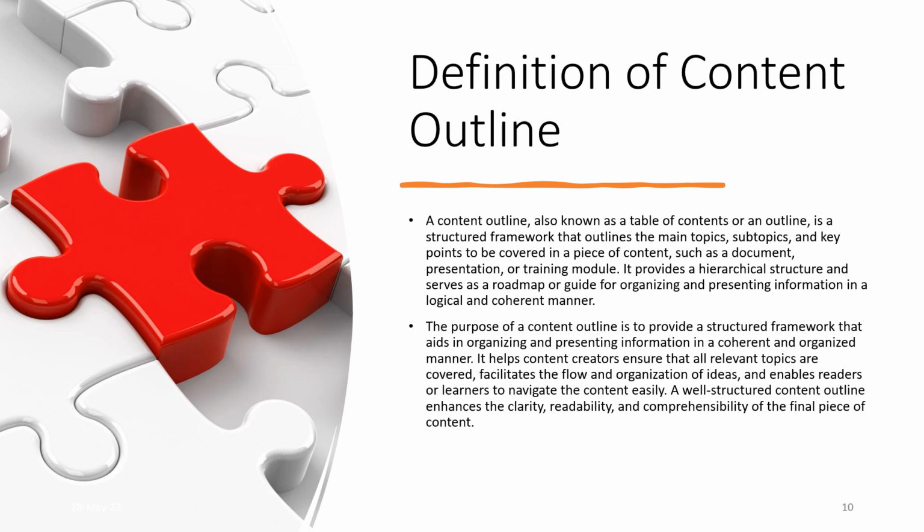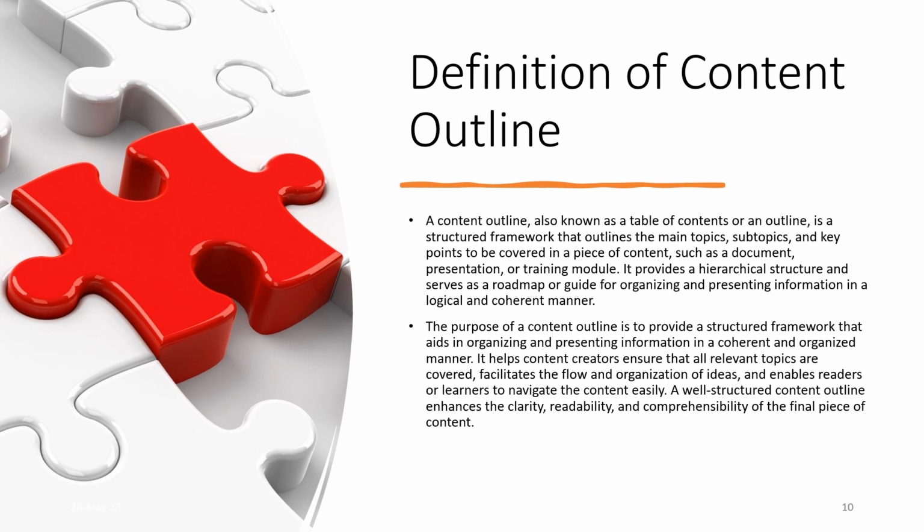In other words, a content outline gives a structure for presenting logical information in a coherent manner, so that our audience has some idea what they are supposed to learn throughout the training that we are going to provide.